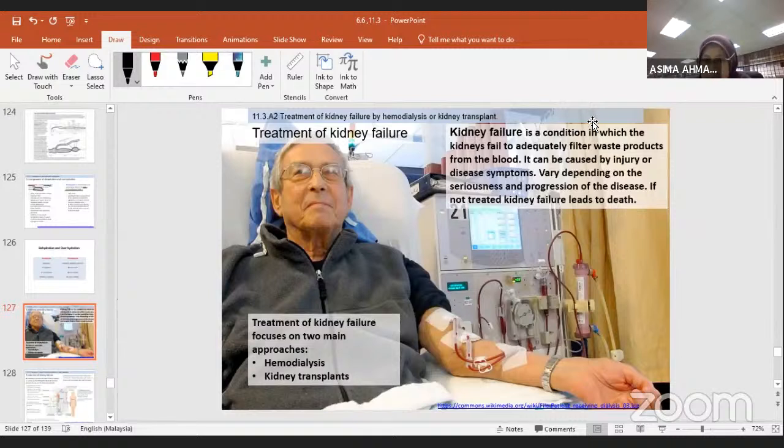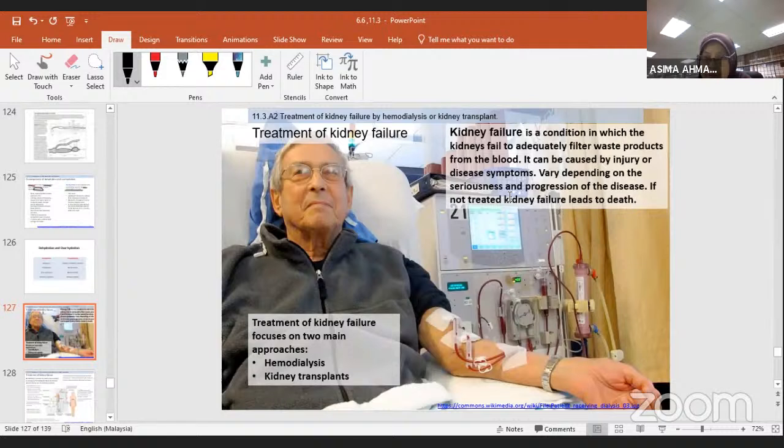So it is a condition, right, kidney failure. So it is a condition in which the kidney fail to adequately filter waste products from the blood. So meaning that our kidney will no longer able to clean our blood. It can be caused by injury or disease, symptoms vary depending on the seriousness and progression of the disease.